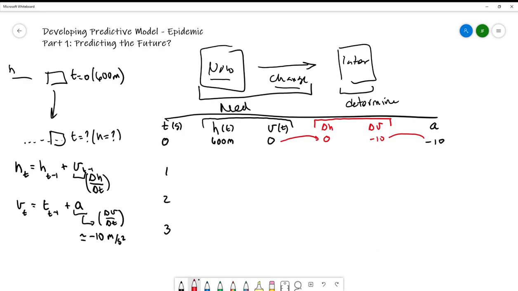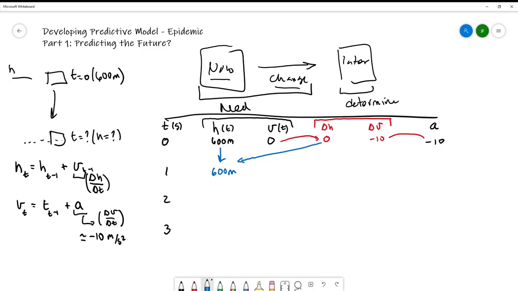And if I know how each of these is going to change, then I simply can add those to the current values. So the new height is going to be the old height plus the change in height. So these two values added together is actually still 600 meters. Again, a little counterintuitive and in fact physically wrong.